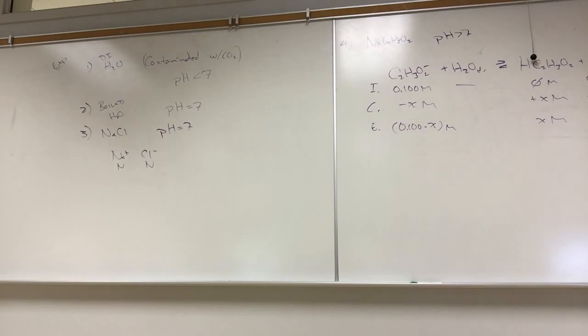So our Kb expression is equal to x squared over 0.100 minus x. Simplifying assumption should work well here. K is very small, and we have a fairly large concentration at 0.100. So this is going to simplify to x squared over 0.100, and x will equal, can somebody calculate it out?